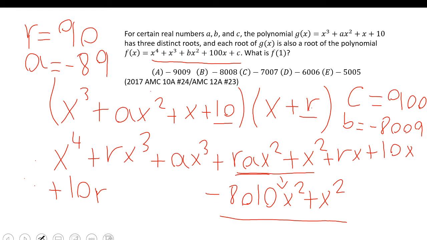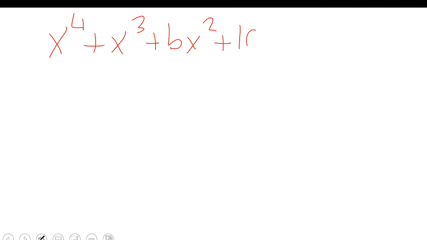Now, f of 1 is just the sum of the coefficients of this. So let's recap what we know. Right, we have x to the 4 plus x cubed plus bx squared plus 100x plus c.